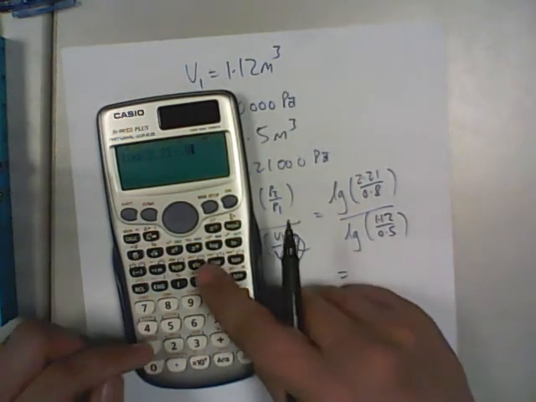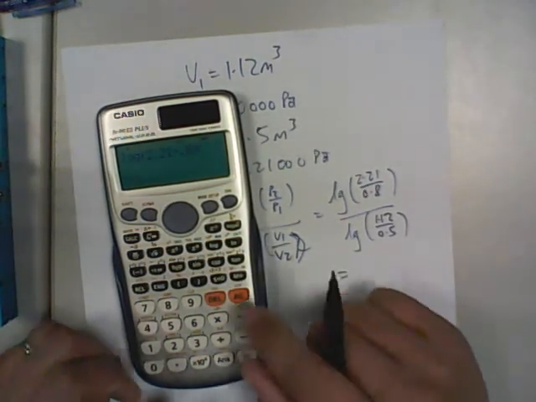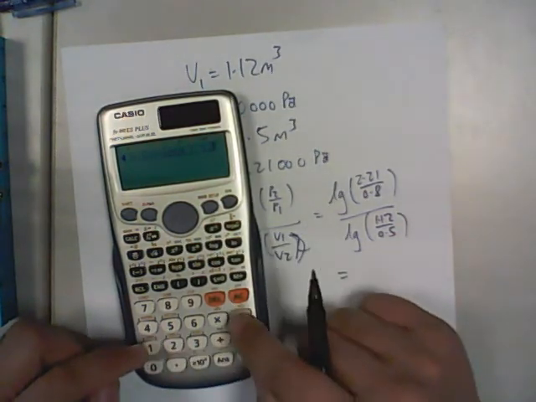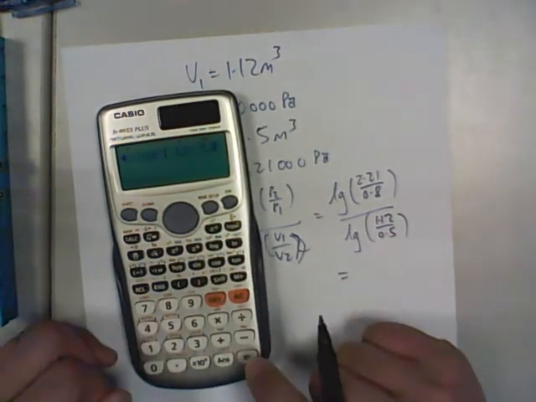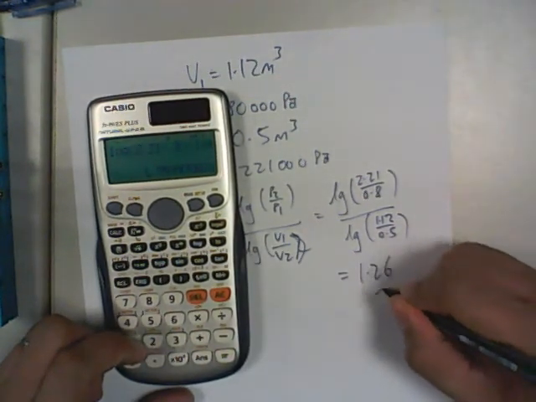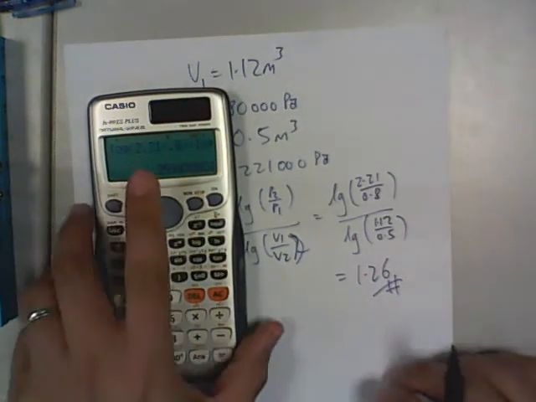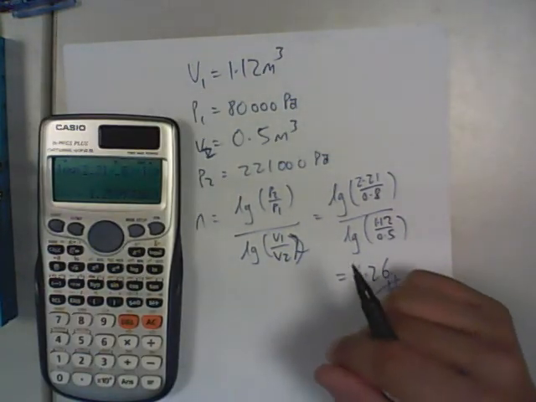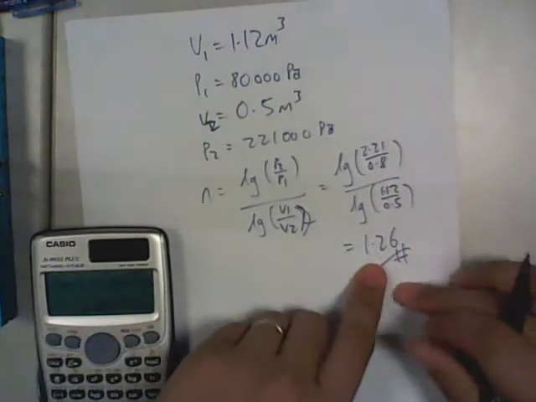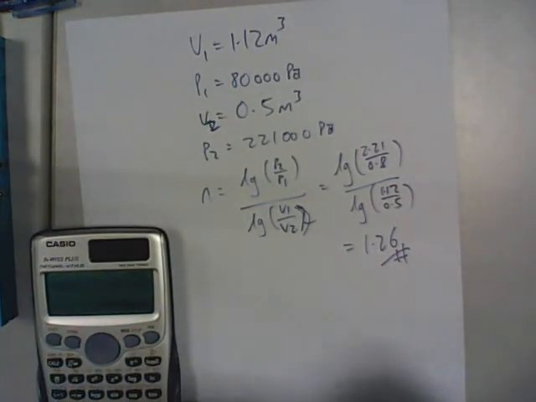And a final reminder, you need to practice pressing your calculator very often, or else you can commit mistakes very easily. And the answer is 1.26. Let me see. Yes, the answer is indeed 1.26, and this is the polytropic index.